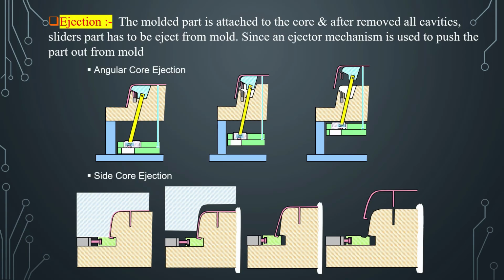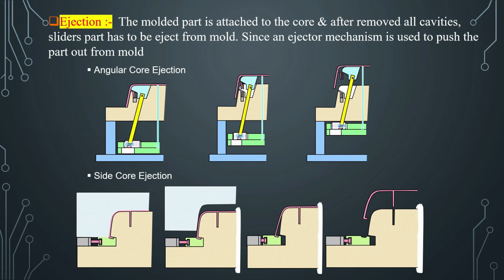Next is ejection. As we discussed, we have already filled the material into the cavity, but it is most important to eject that part from your core and cavity, or mold. So the ejection method is most important. The molded part is attached to the core, and after removal of the cavity sliders, the part has to be ejected from the mold.